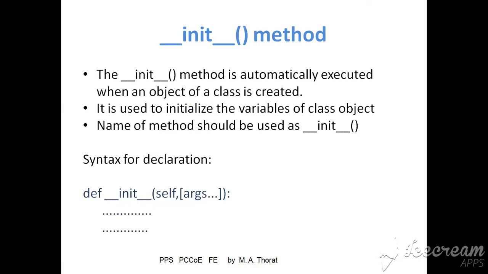So it is an implicit call which is initiated to the init method when an object of the class is created. The name of the method is two underscores, init, again two underscores, and then parentheses, as we use for functions. This is nothing but the method name, and you have to use it in the same way.